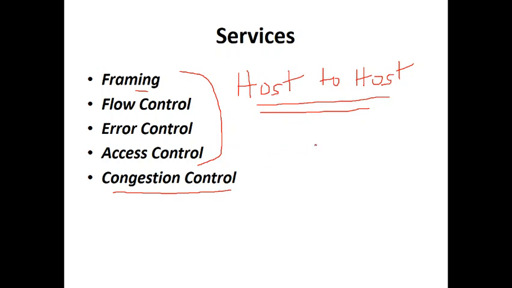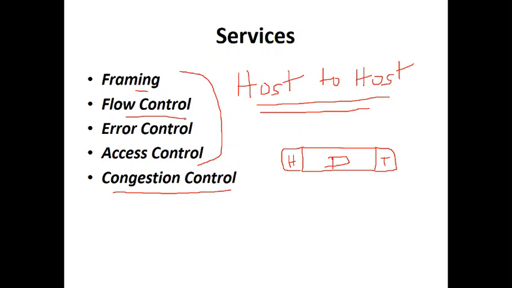For example, consider this is the datagram I received from the network layer, and the data link layer of the device will attach a header and trailer and some more information. This encapsulation in the data link layer, we can say, is framing. So this framing is done by the data link layer.